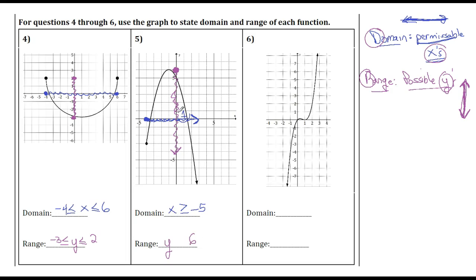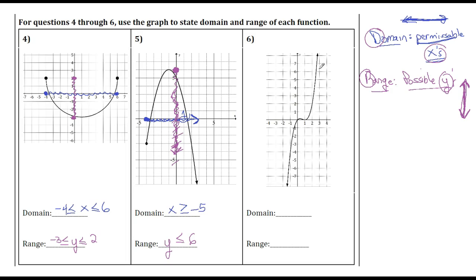And I need to decide if these numbers are bigger than 6 or if they're less than 6. I hope it's clear to you that these are all less than 6. But if it's not obvious, pick any one of these points and consider its y value. Like for instance here, the y value is -3. -3 is less than 6. That'll be my range.